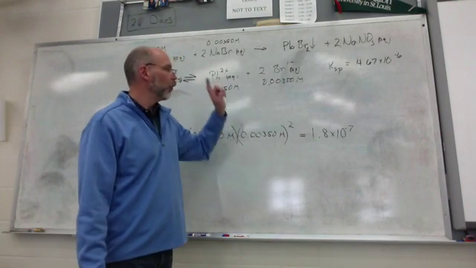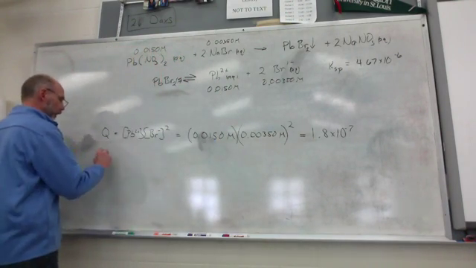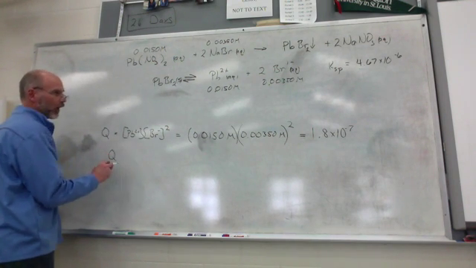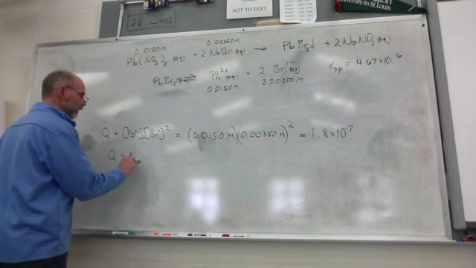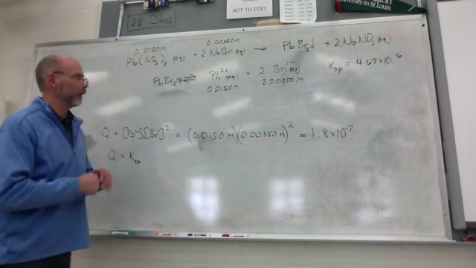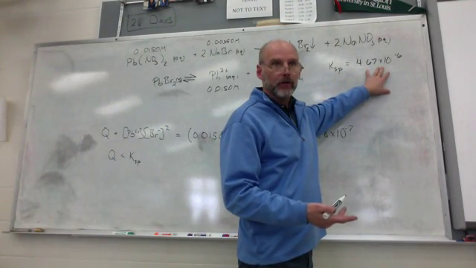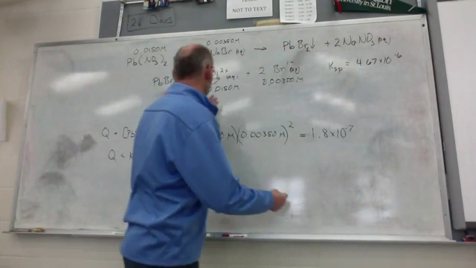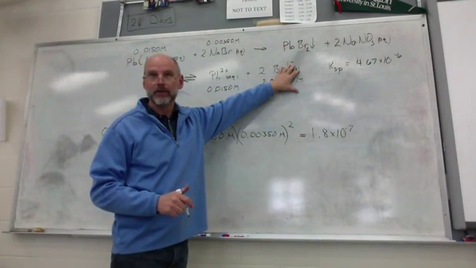Okay? Will this precipitate? Well, this is Q. How can we compare Q and K? As it turns out, Q is less than K. Now, what does that mean? Well, remember, at equilibrium, we have a greater value, which means there is more of this stuff at equilibrium.